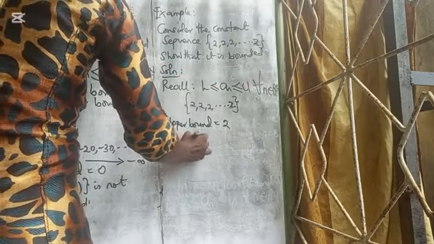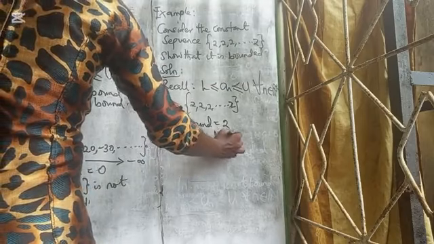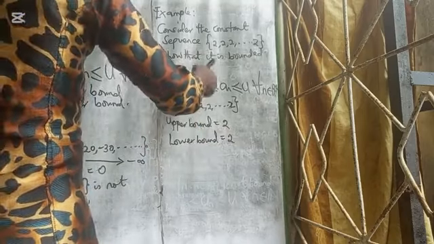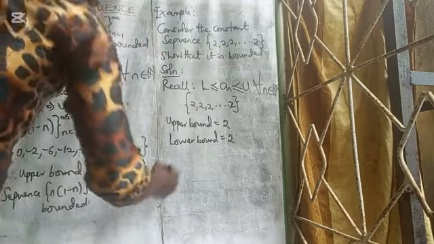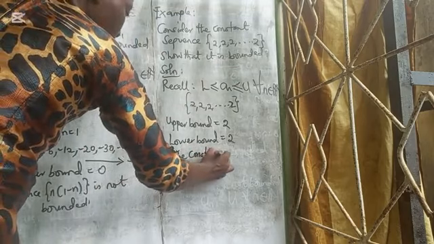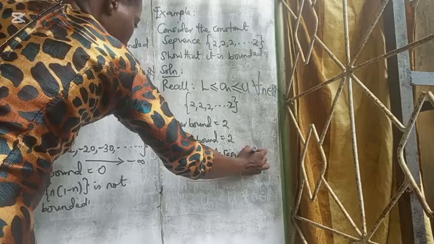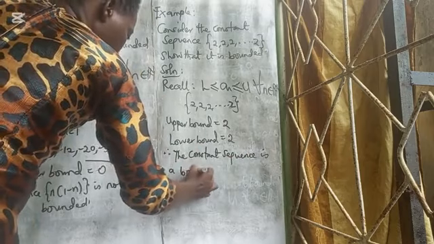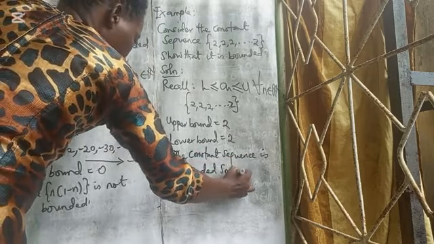And our lower bound is also 2, since 2 is less than or equal to every term of the sequence. Therefore, the constant sequence 2 is a bounded sequence.